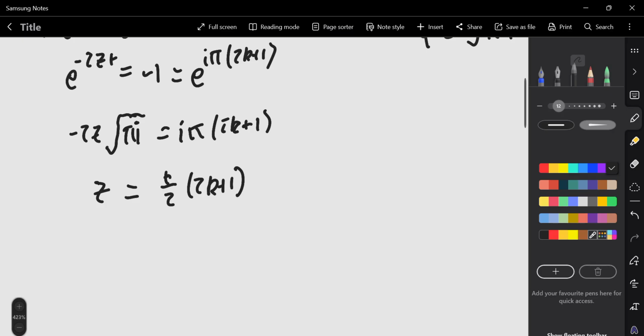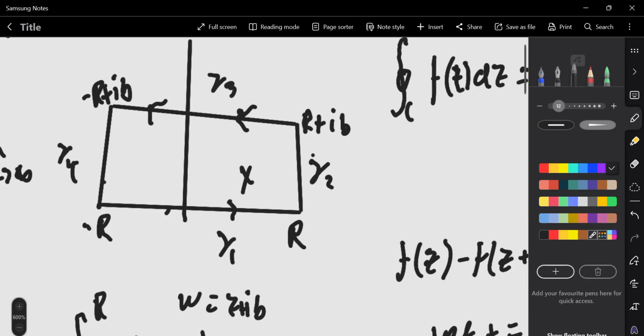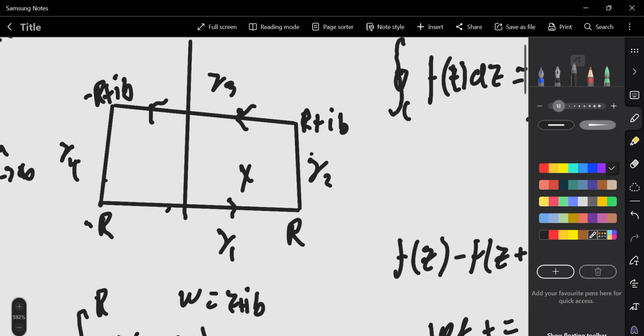Now, which one are we interested in? Let's just say k equals 0. No, that's not right. Let me have a look at it. It's going to be a straight line at 45 degrees, because it's a quarter, so that's just e to the i pi over 4.